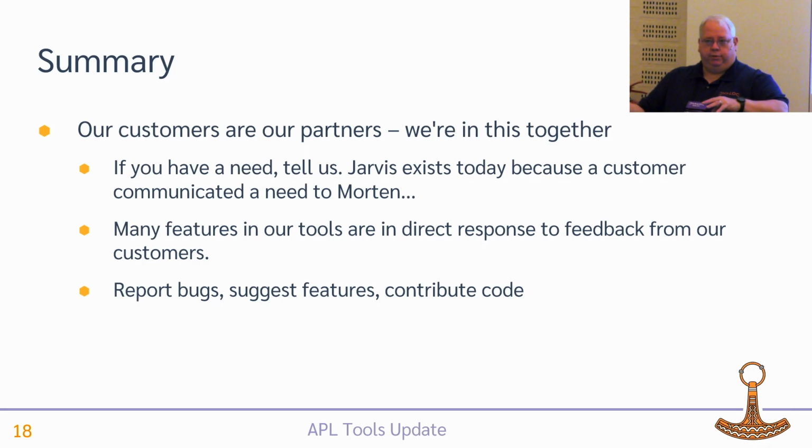Especially on the repositories that are based on GitHub, you can issue what are known as pull requests. So you can say, hey, this would be a neat feature to add to Jarvis, submit a pull request, or submit an issue to request an enhancement, and we will take a look at it and see what we can do to accommodate that. And that's it.